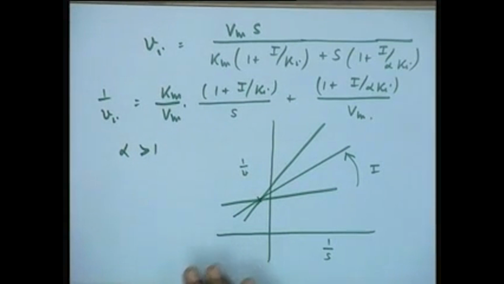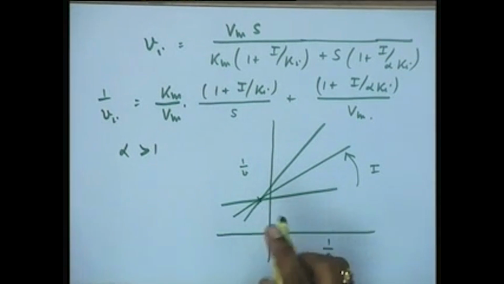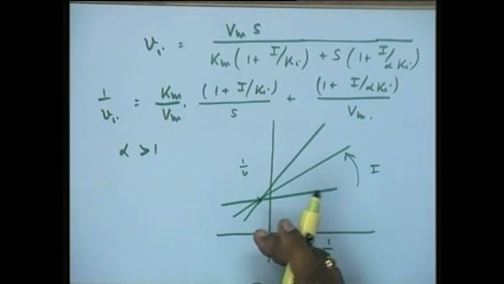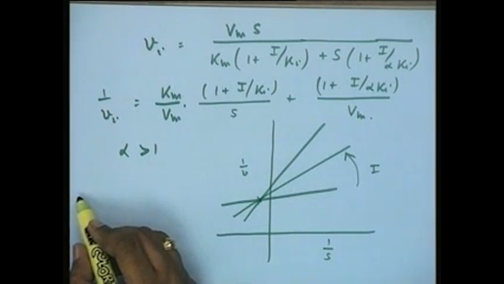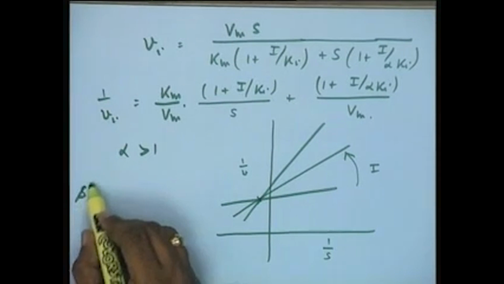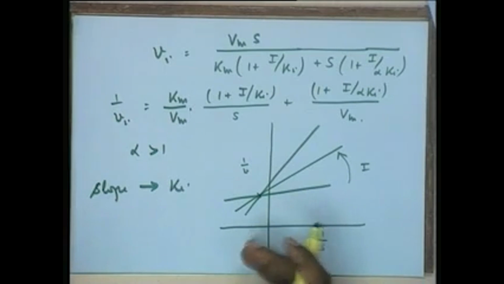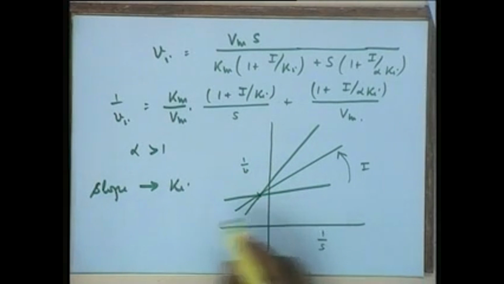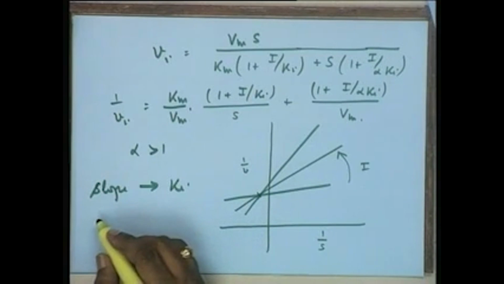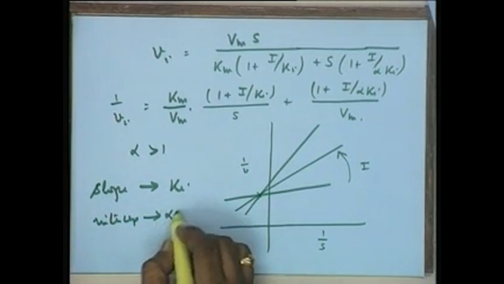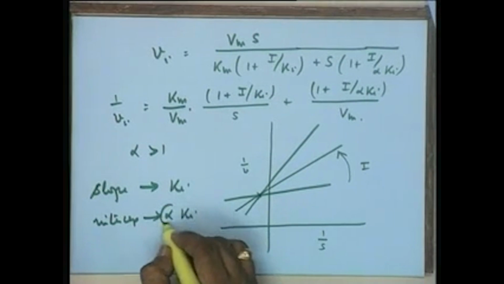And if you consider the slopes and the intercepts of this plot, a replot of the slope will give you Ki, and if you replot the intercepts as a function of inhibitor concentration, it will give you alpha Ki, and therefore the value of alpha can be determined.